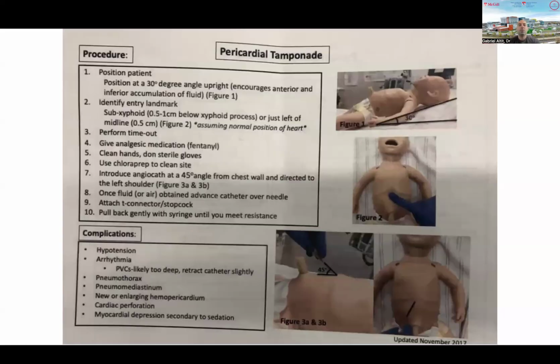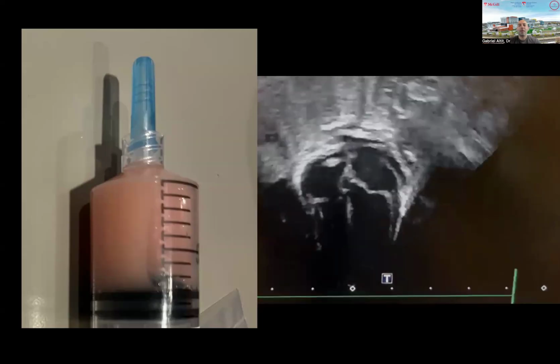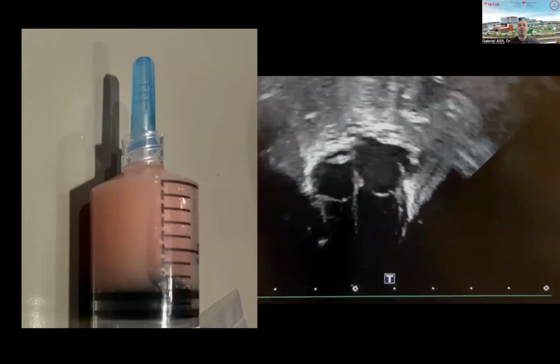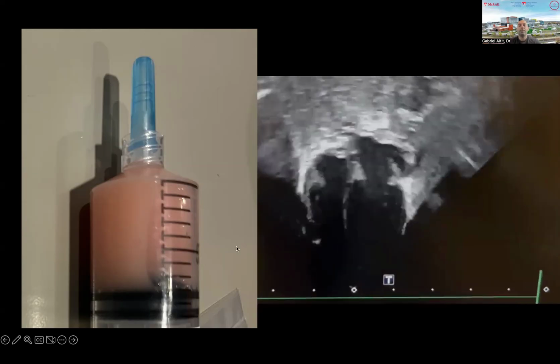I've put here, and it's also on the website, indicators of how to perform an emergency tap in these patients. Not something that I would wish to do at 3 a.m. This is a real life example from a colleague of mine, who provided it after a workshop we did specifically on trying to recognize these complications.